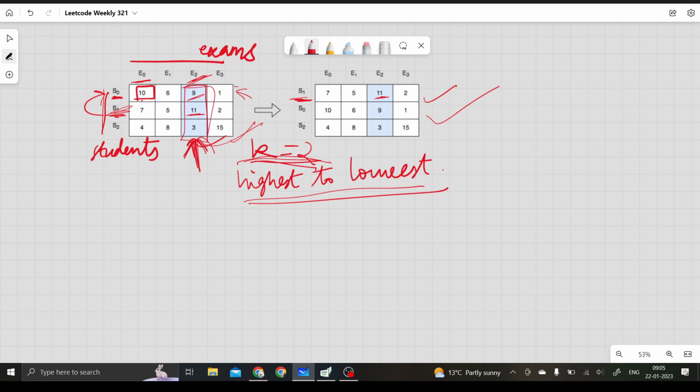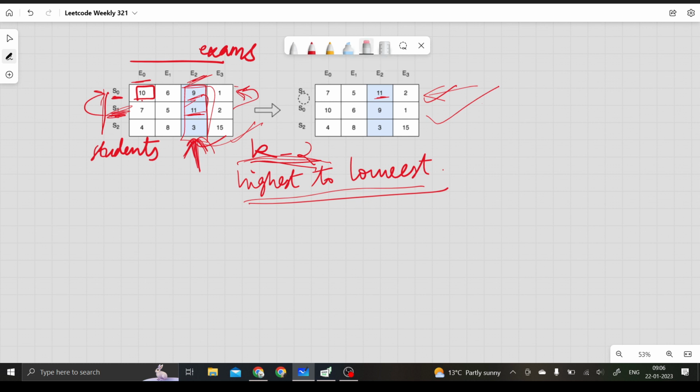If we only swap 11 and 9, that will give the wrong result, because it is student S1 who has scored 11, not S0. So this whole row should move above, and S1 should be the first student we see in this matrix. That is what the question is.